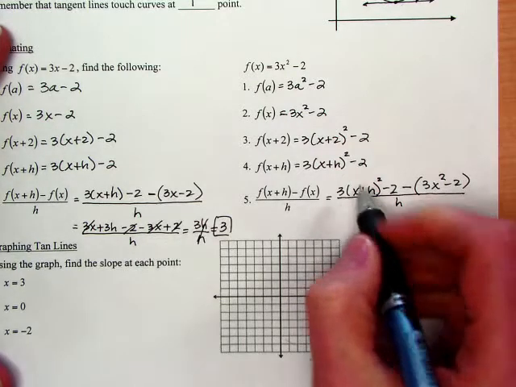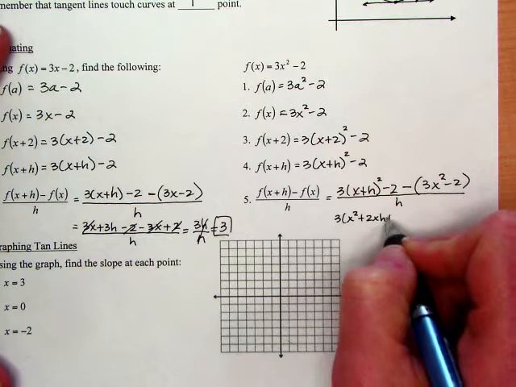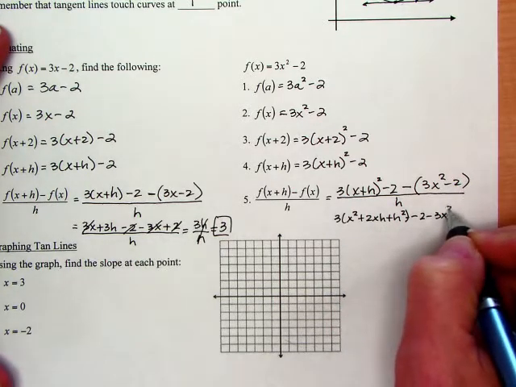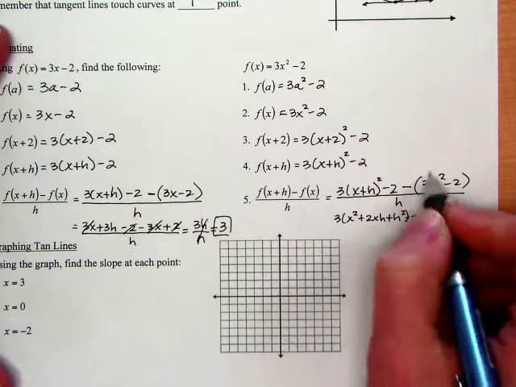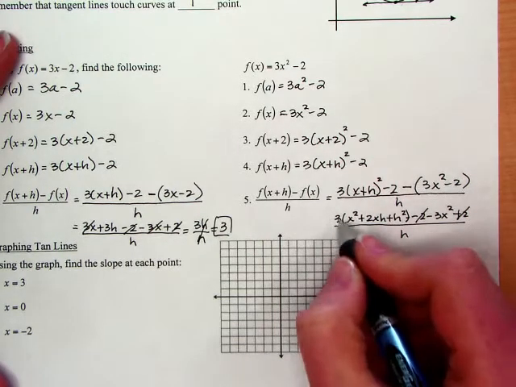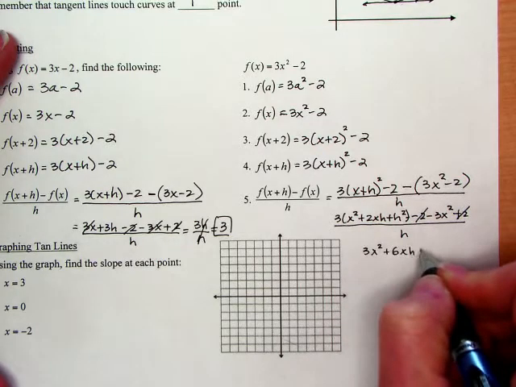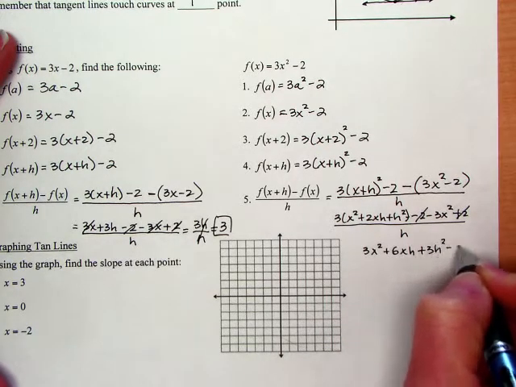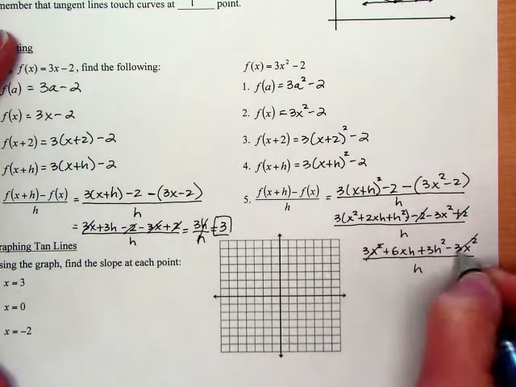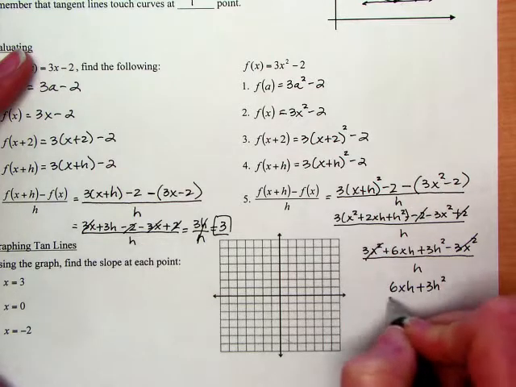Foiling this, I end up with 3 times x squared plus 2xh plus h squared, parenthesis, minus 2, minus 3x squared plus 2, just distributing that negative through. Right away my 2's cancel, so I'm going to distribute the 3: 3x squared plus 6xh plus 3h squared minus 3x squared. These guys will cancel. So I'm left with 6xh plus 3h squared all over h.